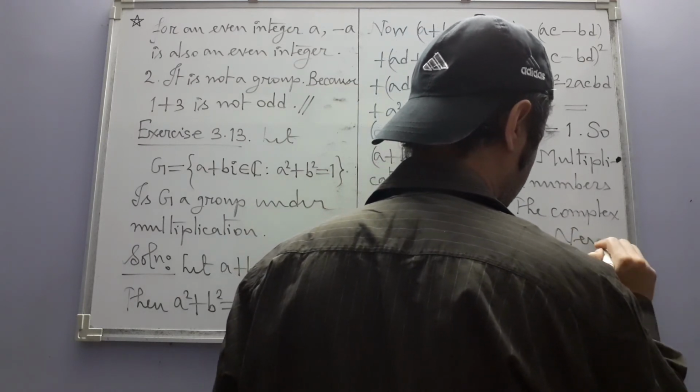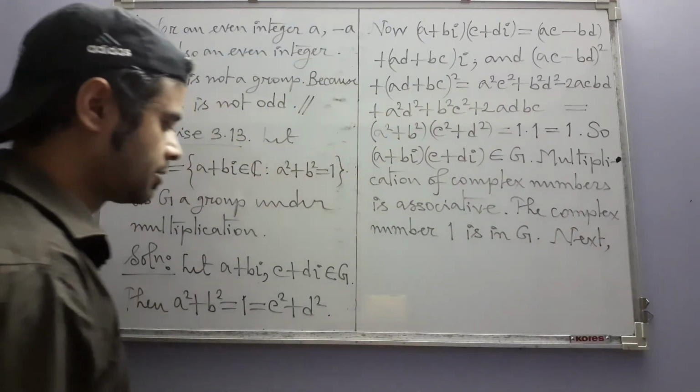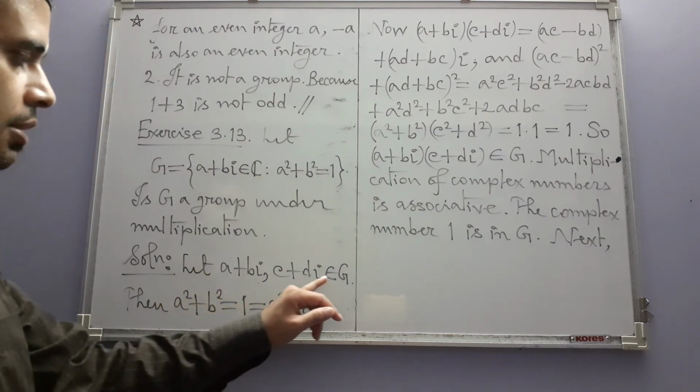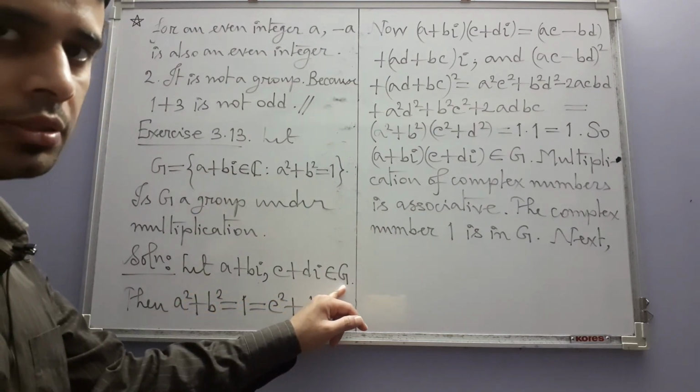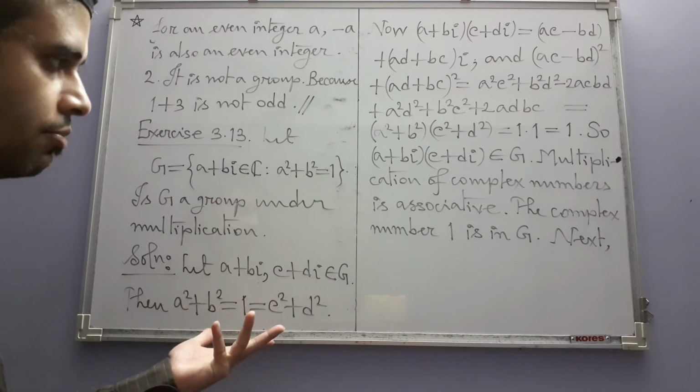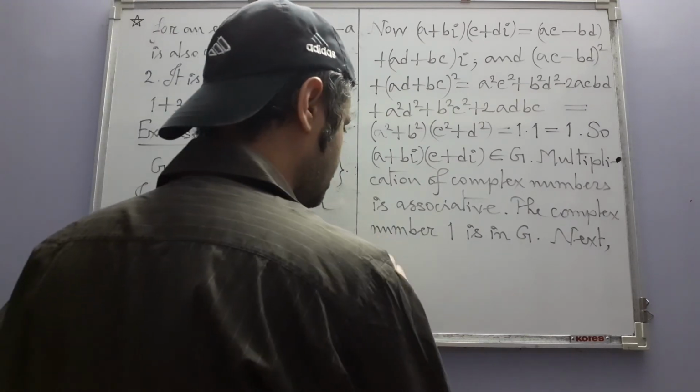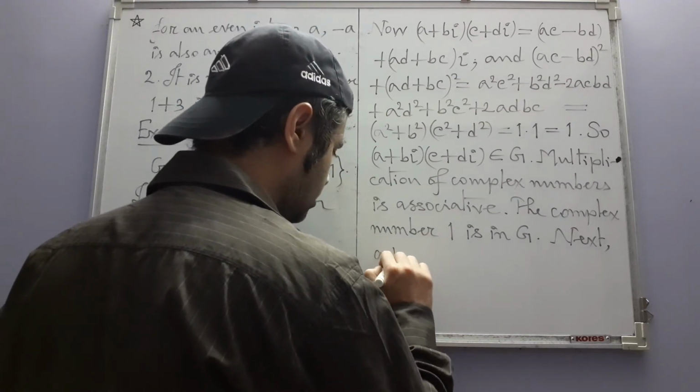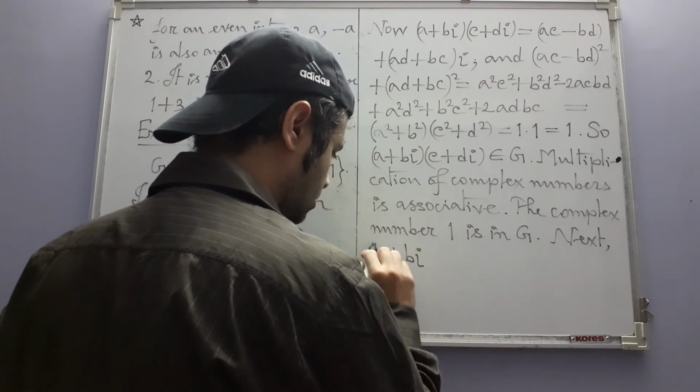Next, what about inverses? Say this has been considered to be an element in G. What about its inverse, multiplicative inverse? The multiplicative inverse is this.